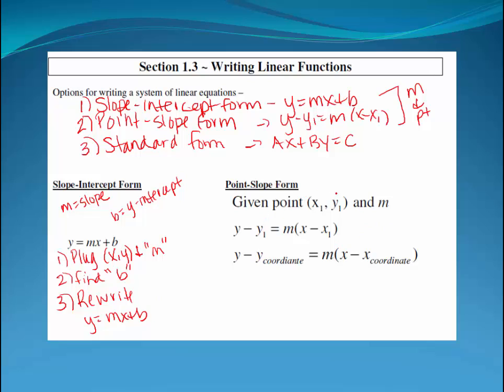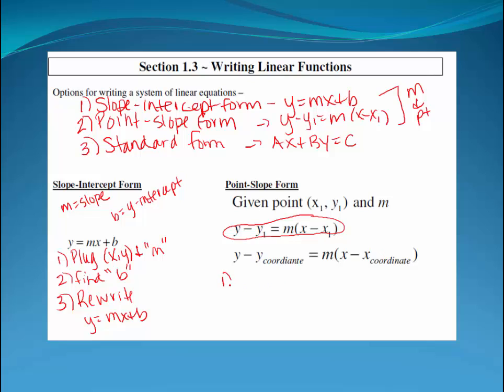In point slope form, again, they give you a coordinate, whether it's a coordinate or the y-intercept, doesn't matter. They already gave you the coordinate and the slope. We're going to plug the x1 here, the y1 here, x1 here, m here. And it looks kind of confusing, but let's back it up. What I did is I took the general equation and I wrote it into y minus the y coordinate, because this is a number, it's going to go there, slope, x minus x coordinate.